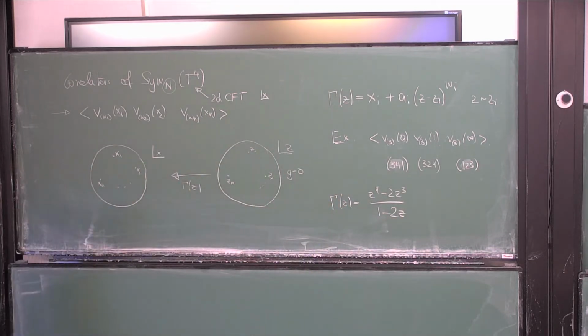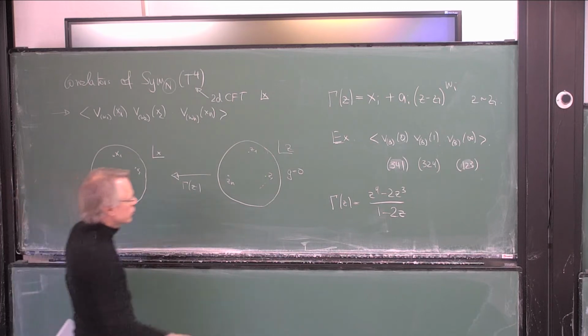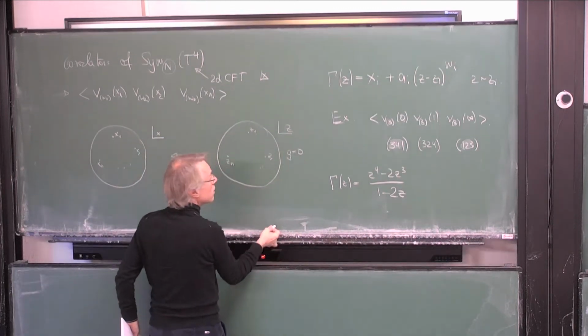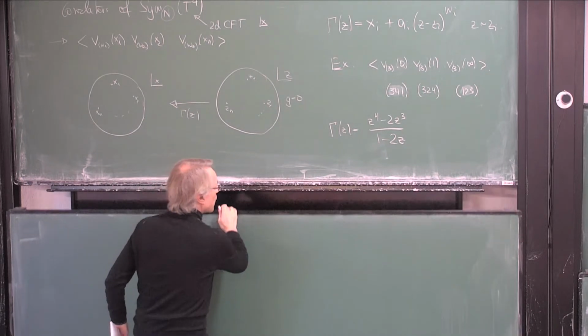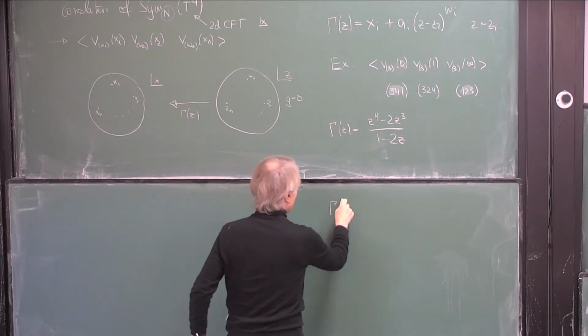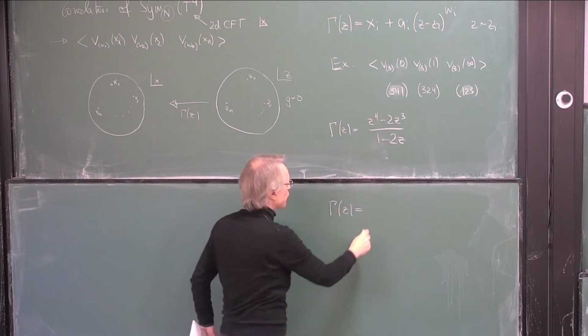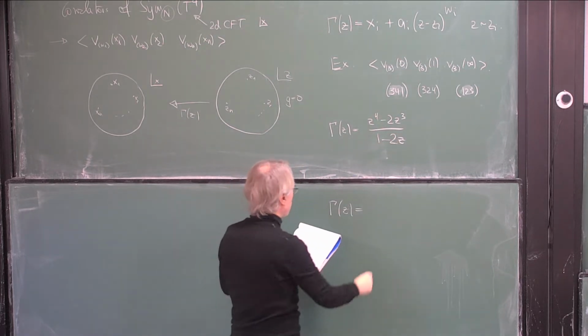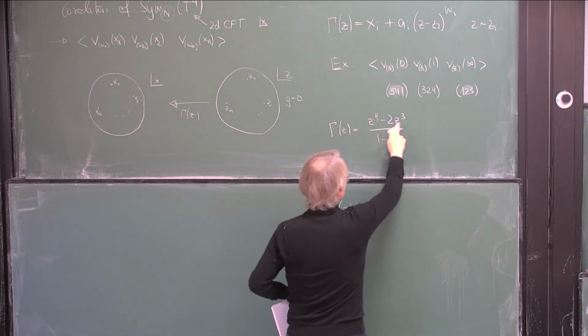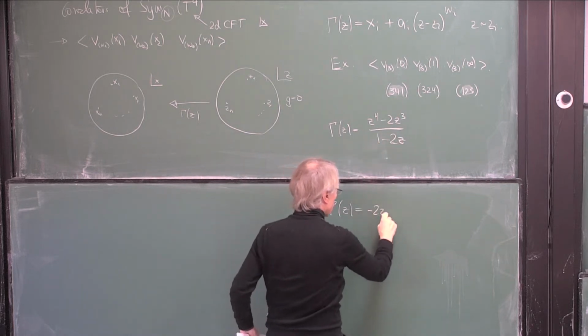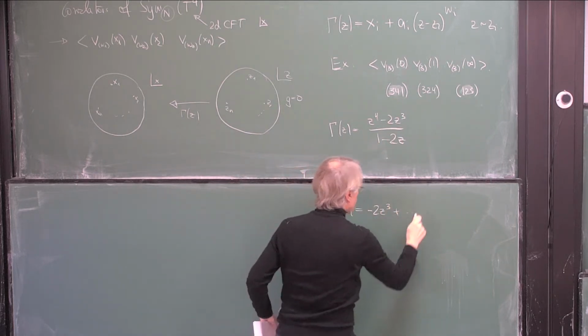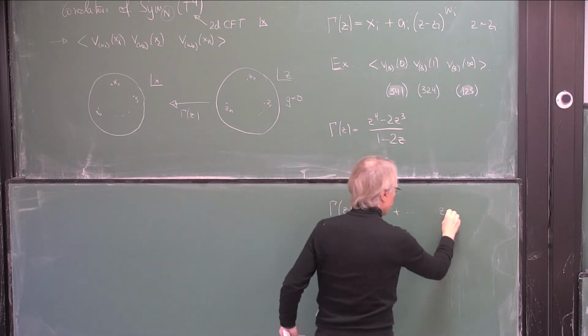If you look at this function, you see near z equal to 0, how does this function go? It goes like z to the 4 minus 2z cubed over 1, so it goes like minus 2z cubed plus higher order for z near 0.